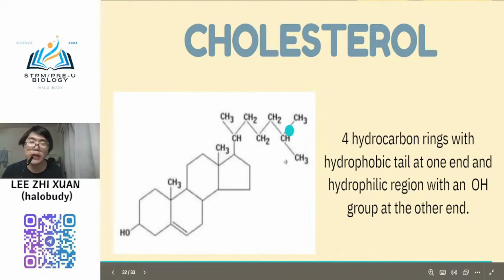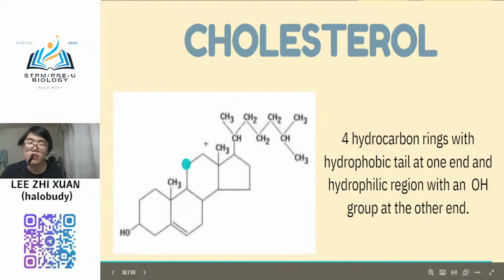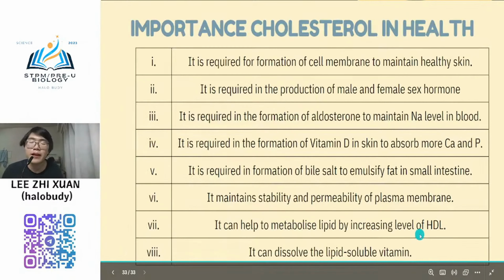You need to know which is the hydrophilic region and which is the hydrophobic region. You need to label too, to get marks. If you do not label, you just draw only, you get no marks, or maybe 1 mark only. You cannot get full marks.